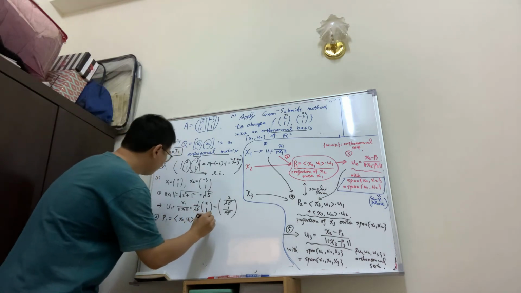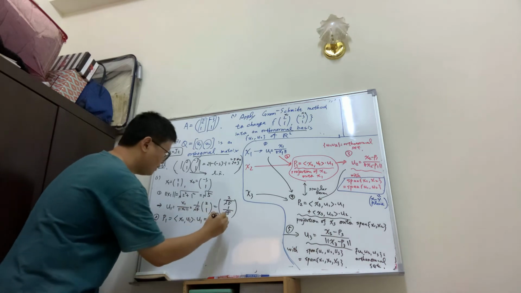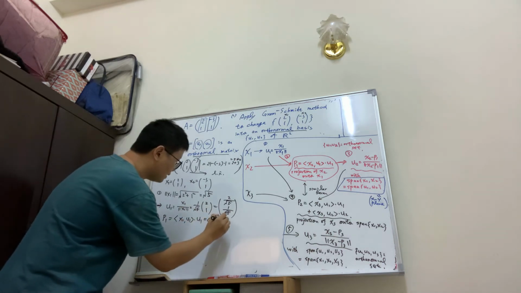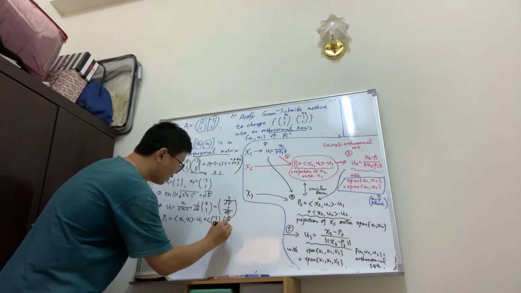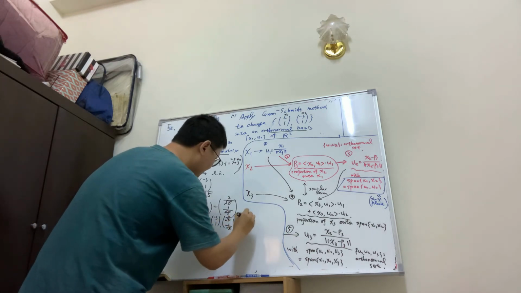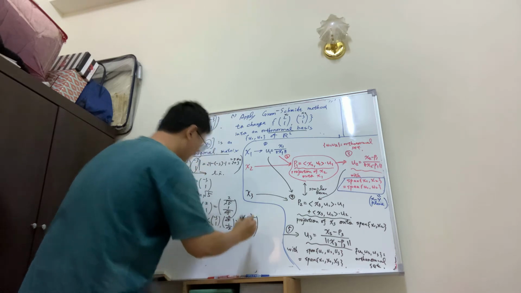S2 is the vector negative 3, 1, and U1 is 2 over square root of 5, 1 over square root of 5. The inner product times the vector 2 over square root of 5, 1 over square root of 5.